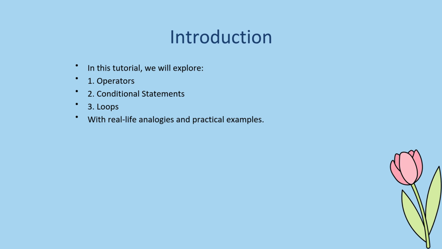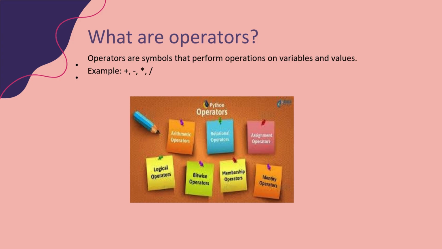Conditional statements help our programs make smart decisions based on given conditions, similar to how we decide what to wear based on the weather. Loops enable automation by repeating tasks without manual effort, making our code more efficient and reducing repetitive work. By understanding these concepts, you will be able to write Python programs that can think, decide, and repeat actions intelligently. Let's explore them together and see how they work.